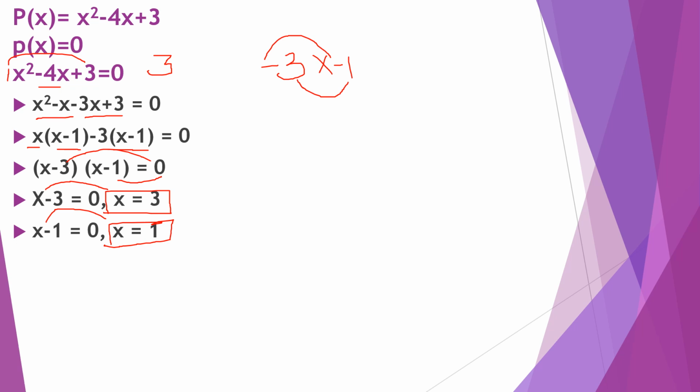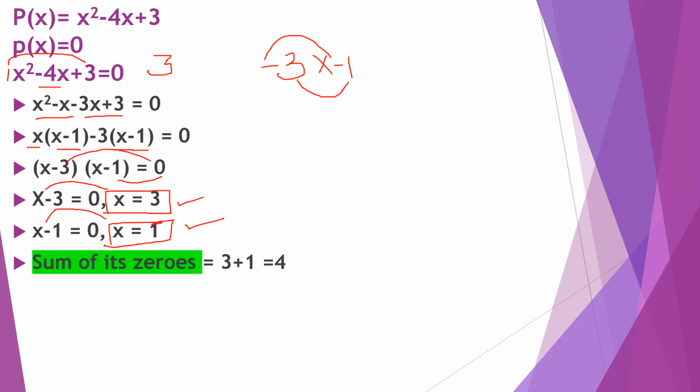Now, how to find the sum of the zeros of the polynomial? We got the zeros of the polynomial. When I add these two numbers, I am getting 4. What will be the formula? For any quadratic polynomial, the sum of the zeros is equal to minus the coefficient of x. What is the coefficient of x?